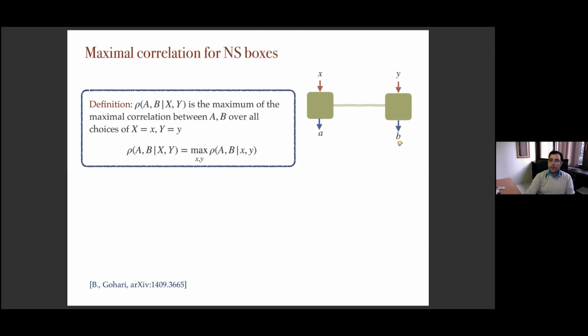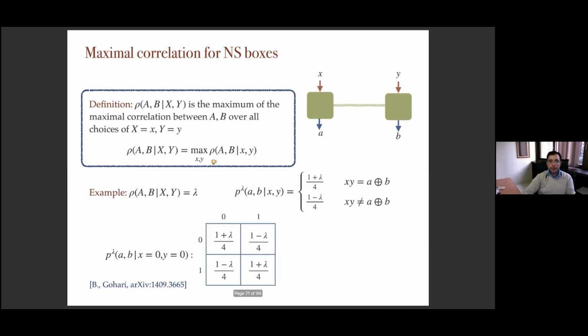It induces some distribution between the outputs, and then I compute the maximum correlation between the outputs. And then I take the maximum over all choices of the inputs. So the maximum correlation of a non-signaling box is the maximum of the maximum correlation between the outputs over all choices of the inputs.